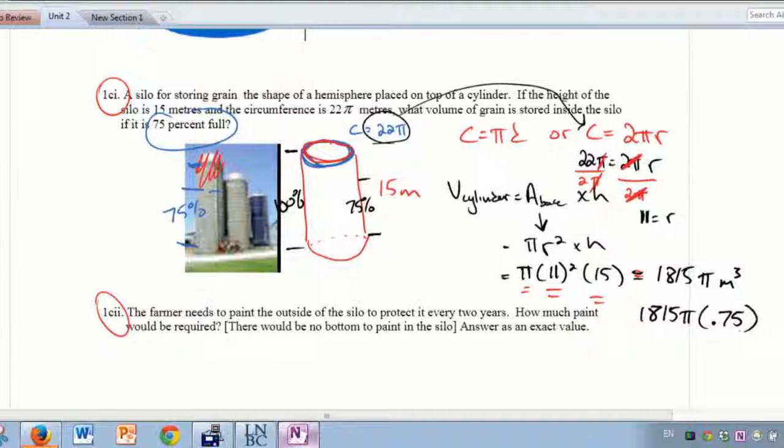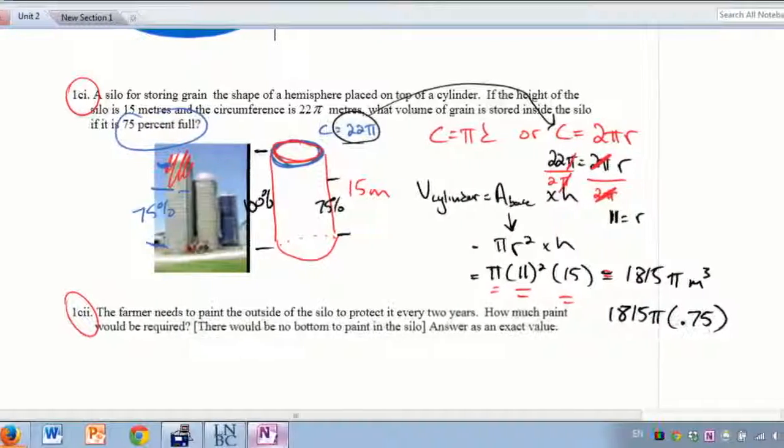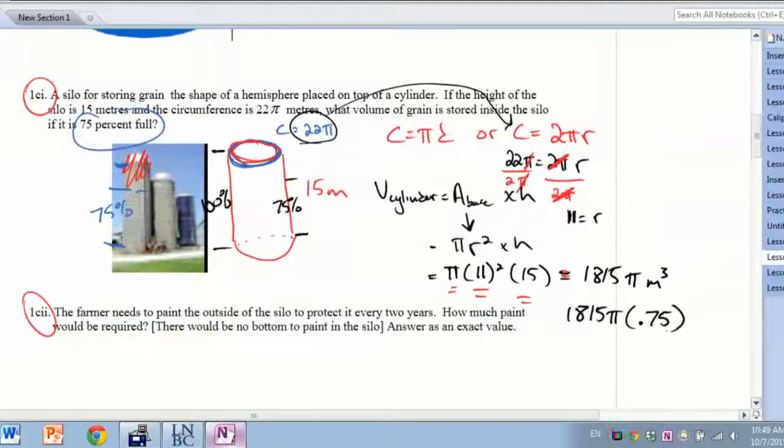So 1,815 times 0.75 gives me 1,361.25, I'll just leave it as a whole number, times pi. Or I can just do the multiplication.